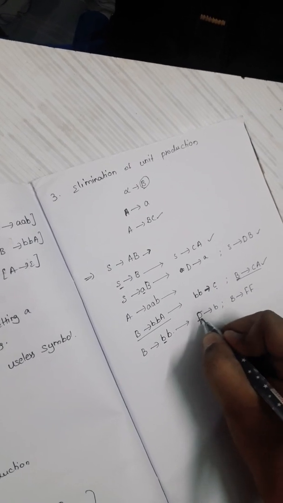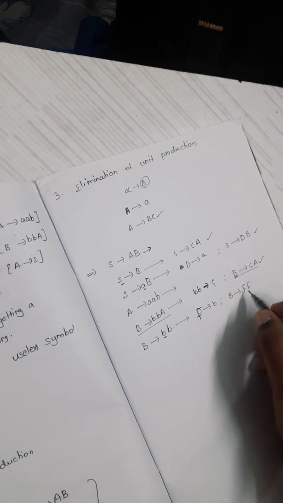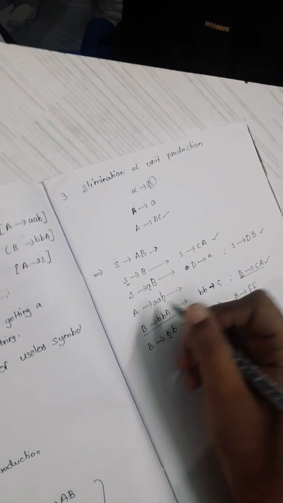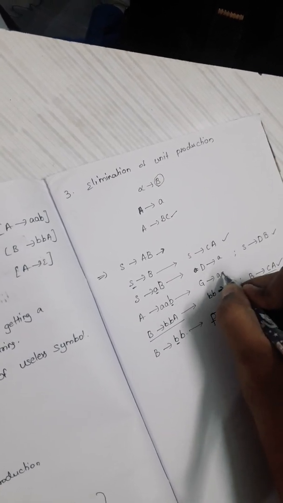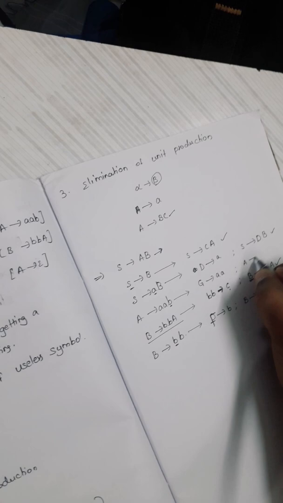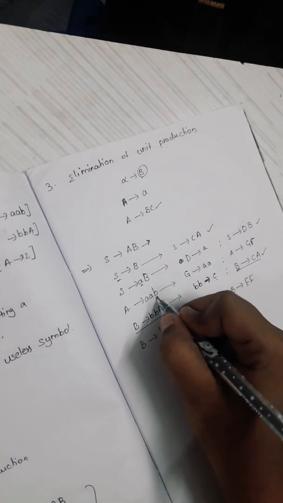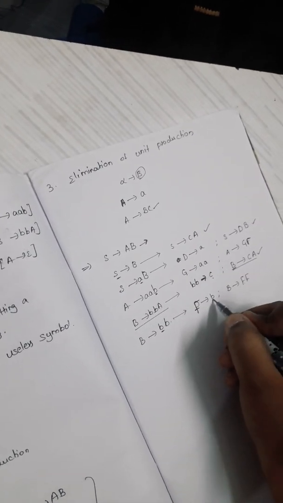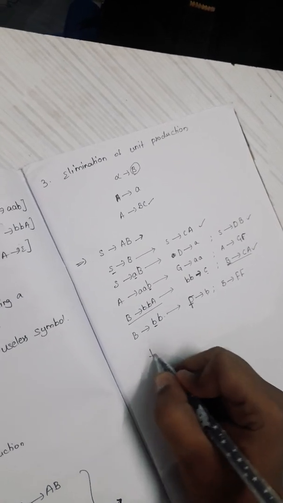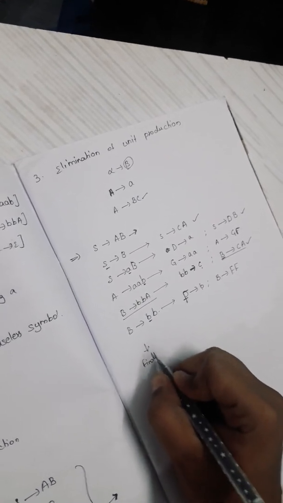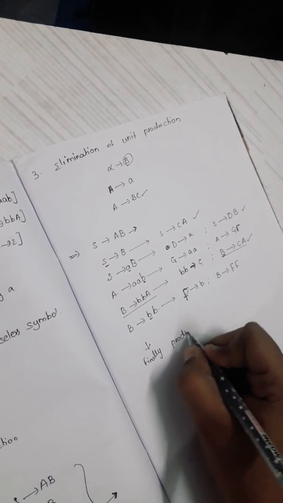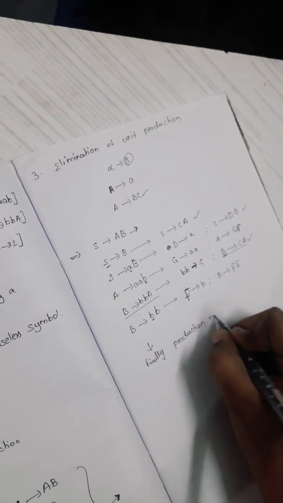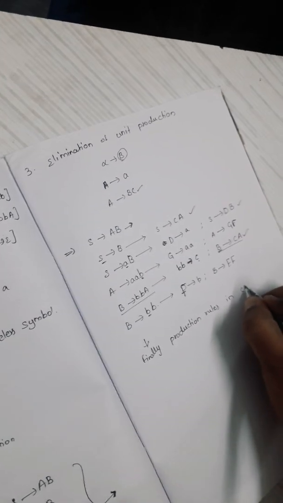This is capital F. Now for the same A we assume G, and we rewrite the string G tends to small a, and we can rewrite A tends to GF because we are assuming single B as F. So finally we are getting all the production rules in CNF.